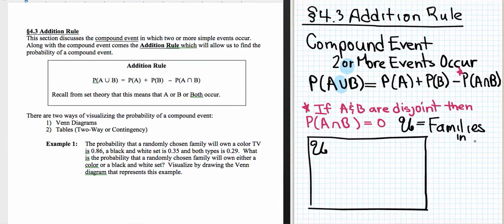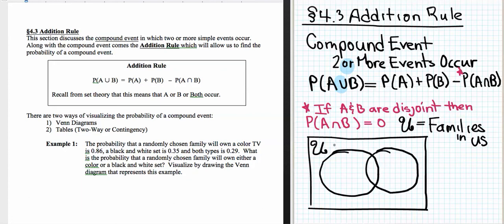Now this example is probably a little bit outdated because we probably should have plasma TVs and LCDs or something like that nowadays, but we'll just stick with the black and whites and the color sets for sake of argument. So my first one, I'm going to label this one C for color TV and this one B for black and white.